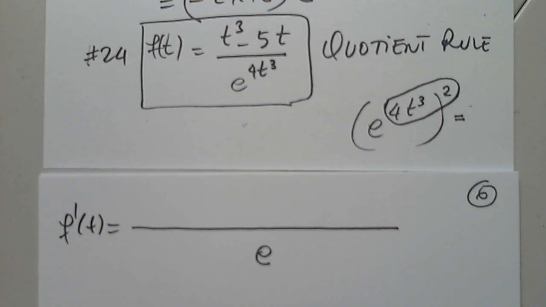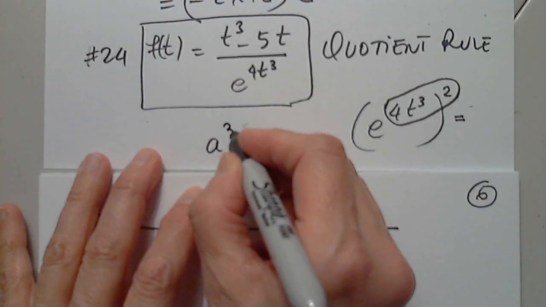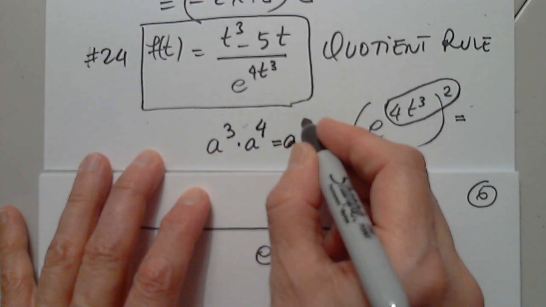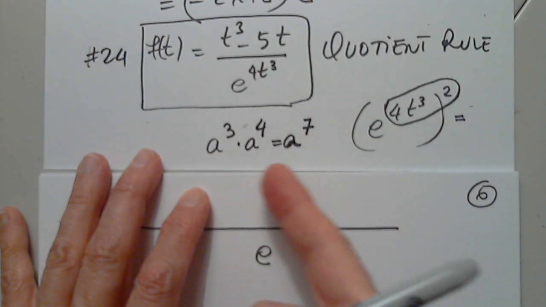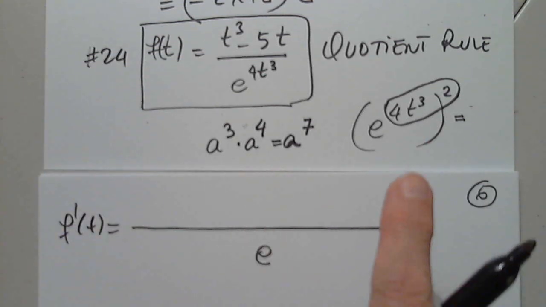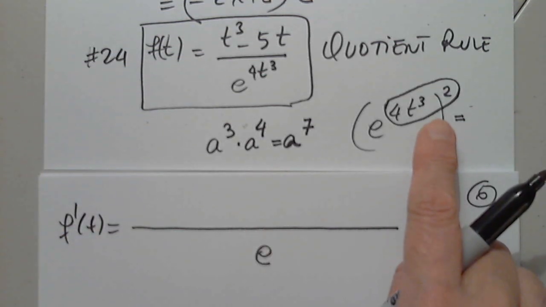Add. No, careful. A to the third times a to the fourth. This is when we add. But that's not what we have here. But in this case, we do what?